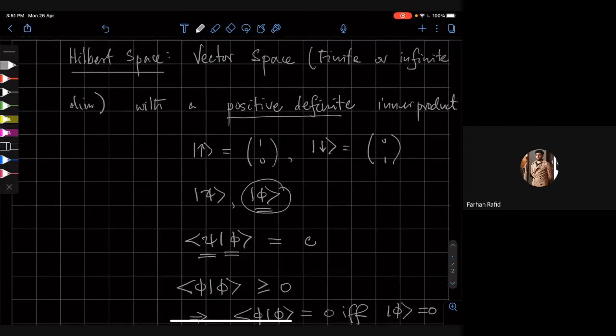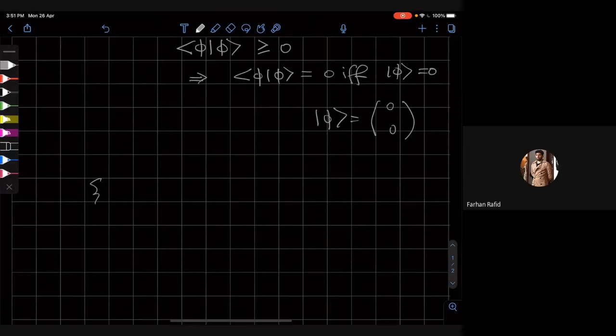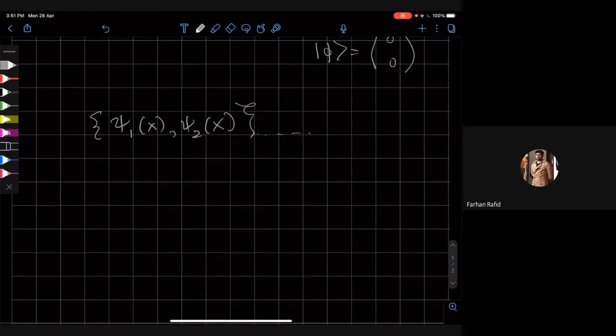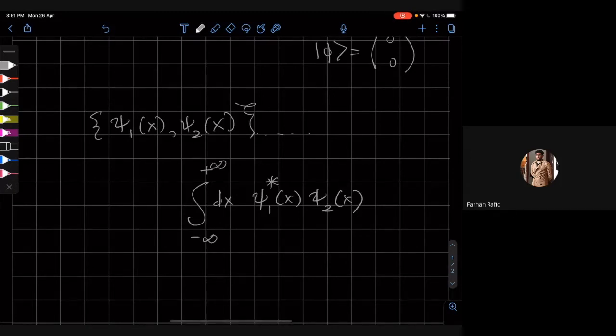But you can have an infinite number of functions. So suppose you have functions of x, and suppose these are nice functions, such that if you take one function from this set and another function from this set, this integral exists, meaning it doesn't blow up.